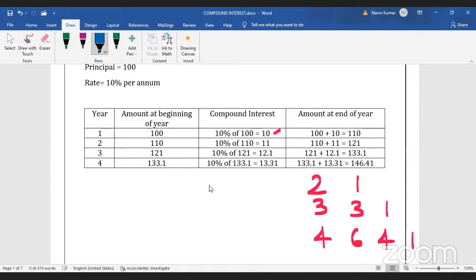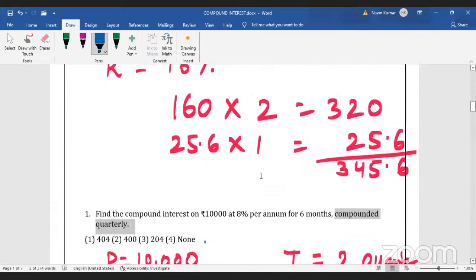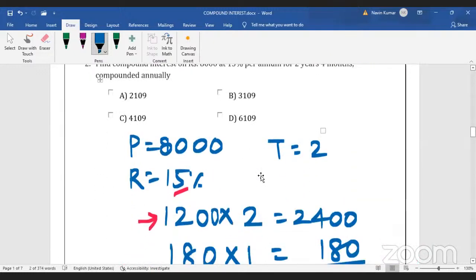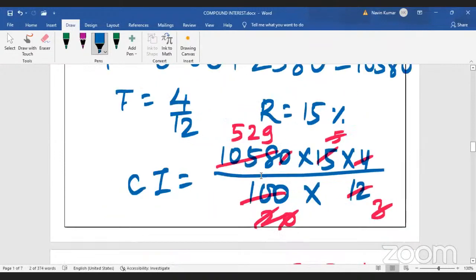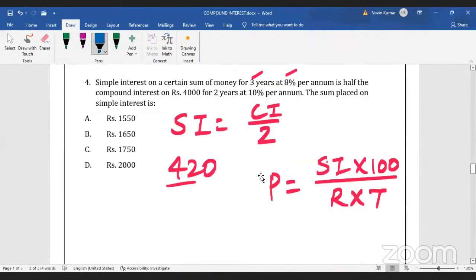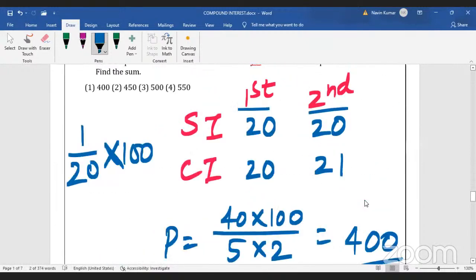And this 11 was because of this 10 rupees. अगर ये 100 होता यहाँ भी तो 10 रुपी फिर से आता, बट यहाँ 110 हो गया क्योंकि ये जो 10 रुपी फर्स्ट ईयर का इंटरेस्ट था वो इसके साथ ऐड हो गया. सेम चीज यहाँ पे हुआ है ना. बिल्कुल यहाँ भी यही हुआ है. यहाँ जो फर्स्ट ईयर का इंटरेस्ट था 20 रुपीज, वो प्रिंसिपल जो 400 था उसमें ऐड हो गया.